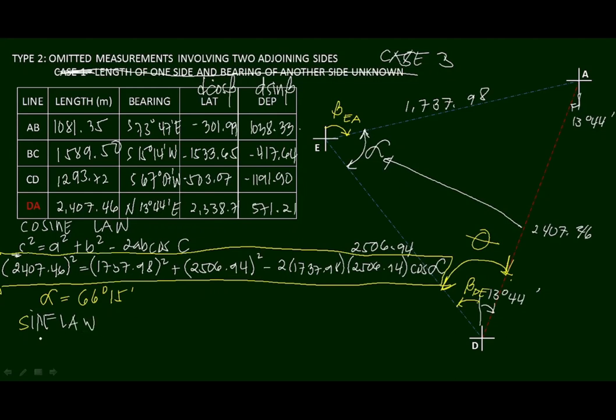Ano yung sabi ulit ni sine law? A over sine of A is equal to B over sine of B is equal to C over sine C. Right? Okay. So, paano natin siya ngayon isosolve?